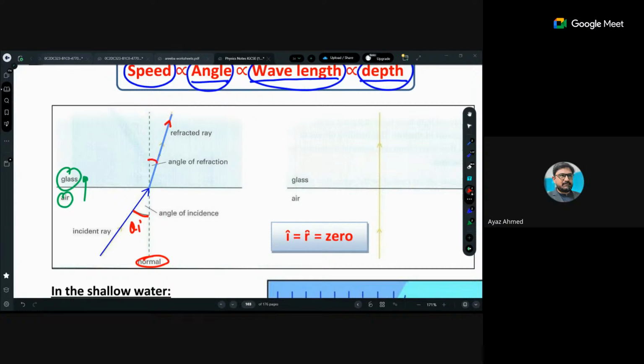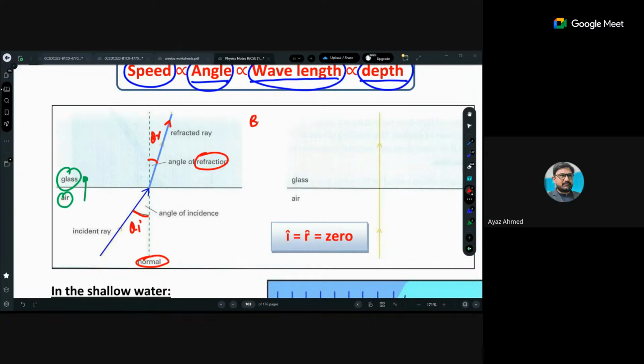So now the angle here is theta r, the angle of refraction. Here the light has been bent, our wave has been bent. Simply speaking, when a wave enters from one medium to another medium, it bends.